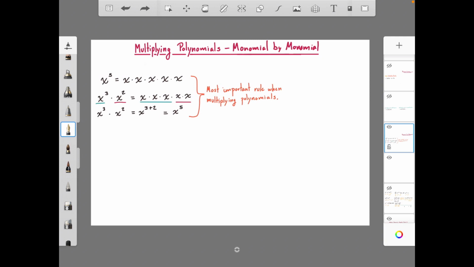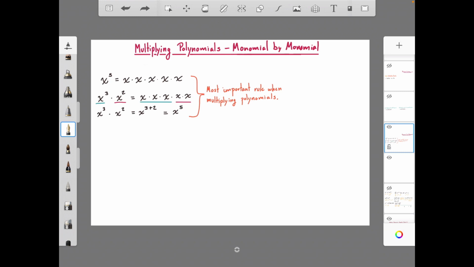Now that we have learned about the properties of exponents, in this video we will be talking about multiplying polynomials in different ways.